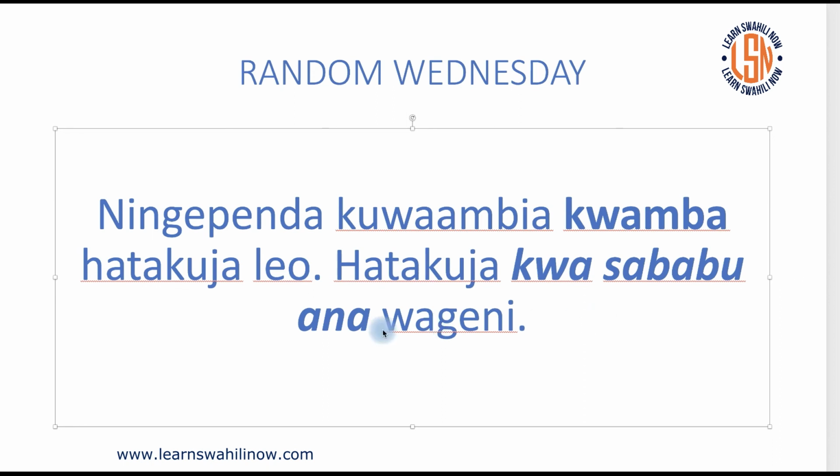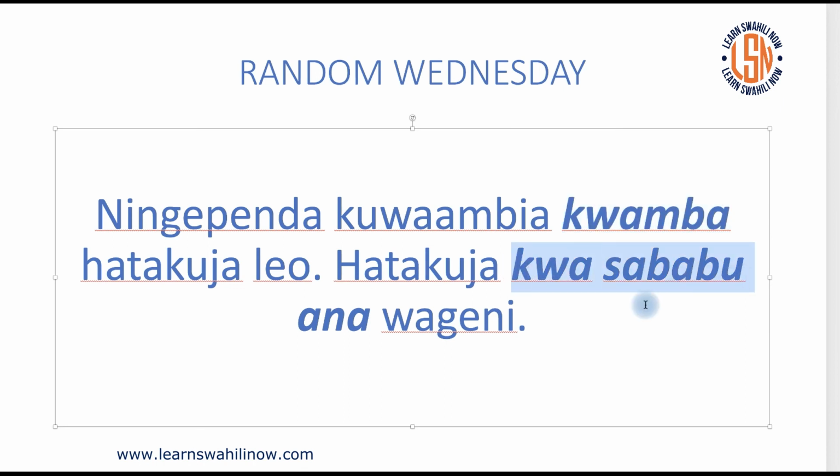Hatakuja kwa sababu ana wageni. So the new things that we learned today, kwamba, that is that, which is different from the demonstrative that. And then we also learned how to use because, kwa sababu, which you no doubt already know. And then we also learned how to do possessive for from subject prefix he or she, which is a.